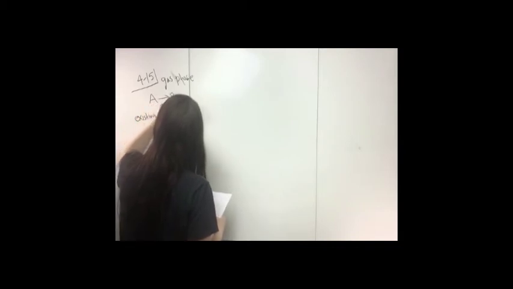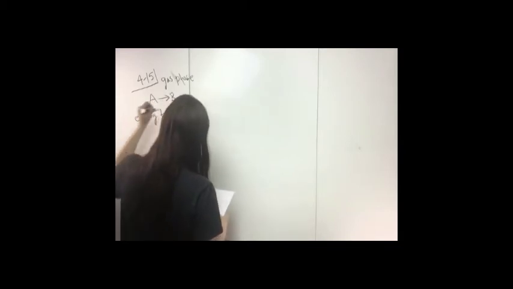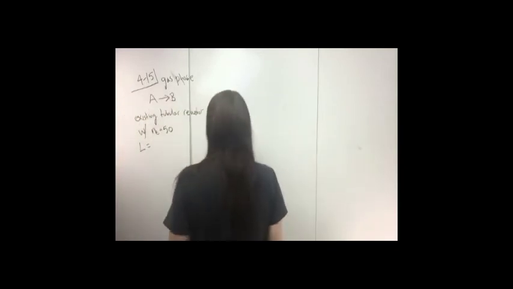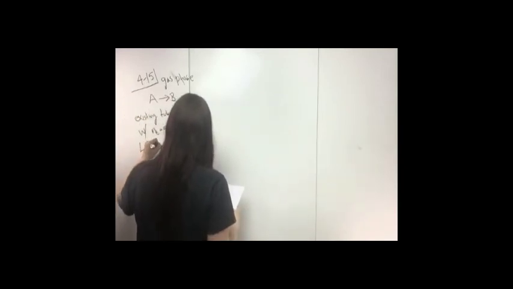So this is 4-15. You have a gas phase reaction, A to B, and you have an existing tubular reactor with 50 tubes, and the length is 40 feet.